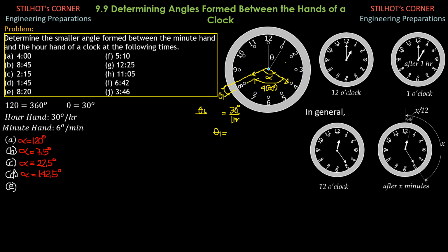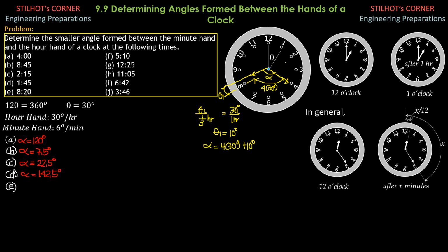Then theta 1 corresponds to 20 minutes. 20 minutes is 20 over 60, 1/3 of an hour. 1/3 of an hour equals, at 30 degrees per hour, so theta 1 is 10 degrees. So alpha is equal to 4 times 30, 120 degrees plus 10 degrees.